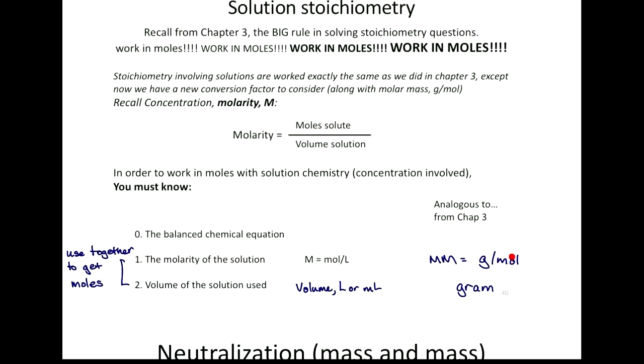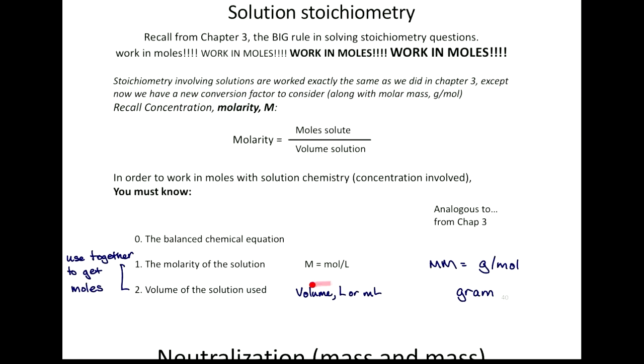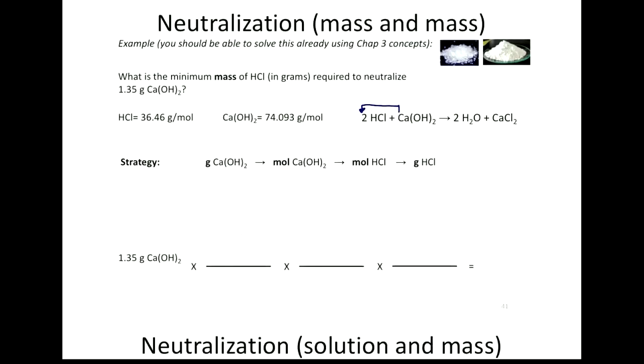So the only difference in this chapter is instead of a gram amount and a molar mass, I just give you a volume and a molarity instead. These two values together will give you moles, just like in the last chapter, a gram amount and a molar mass gave you moles. It's just a new equality that we can play with. So this is typically how questions are worded, but I want to show a chapter 3 example to just prime ourselves how to do stoichiometry.